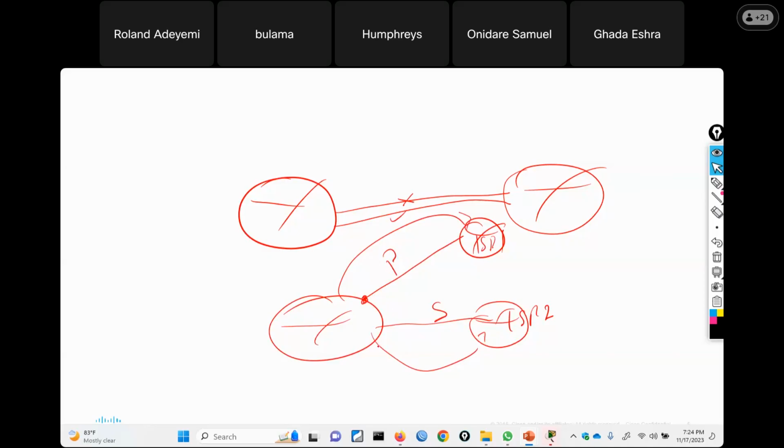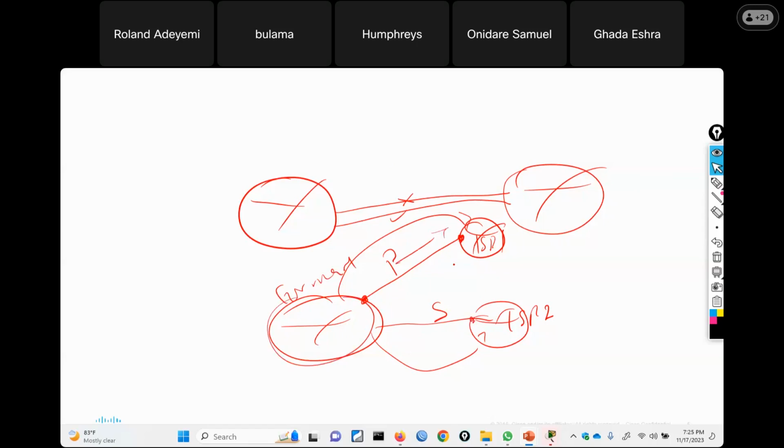Ideally, we're supposed to configure default routes on both routers. But we don't want the two links to work simultaneously, because if I configure a default route on this router, now let's say this is our Germany router, and I point to ISP1 and configure another default route and point to ISP2, my router will be load balancing.